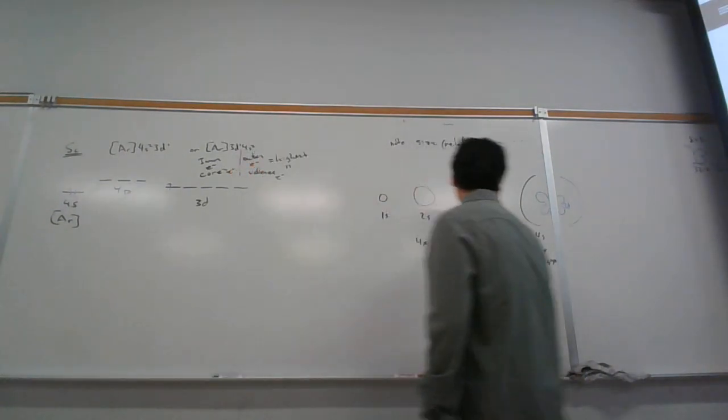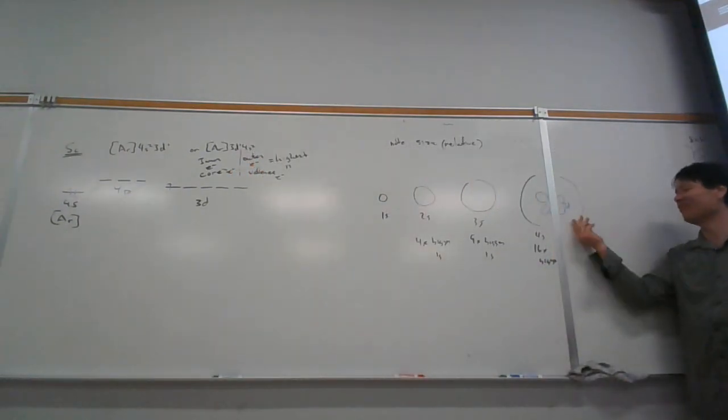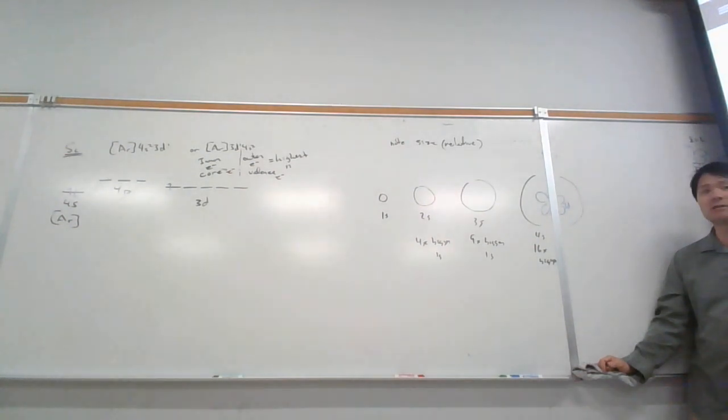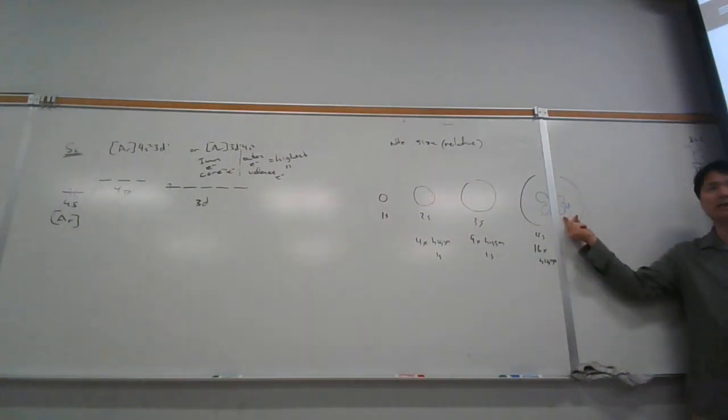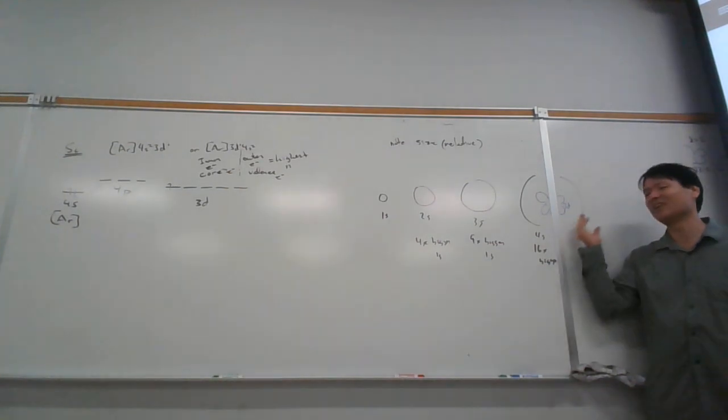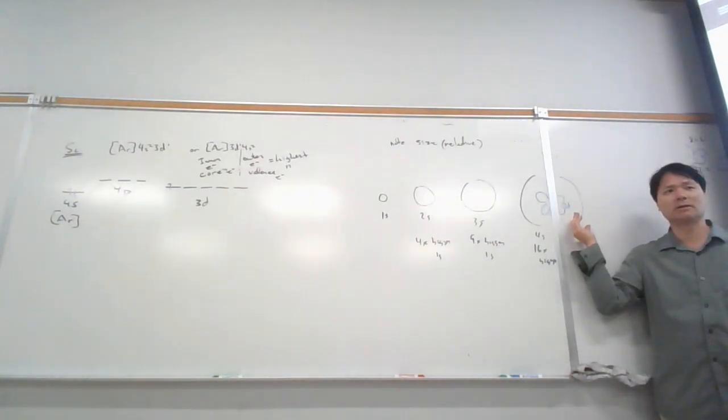Well, once you strip off the 4s electrons, and let's say you're still hungry for electrons, what's the next electron you're going to attack? 3d. So if you take that 3d, then that gives scandium a +3. So the 2 charges you'd expect for scandium are +2 and +3.